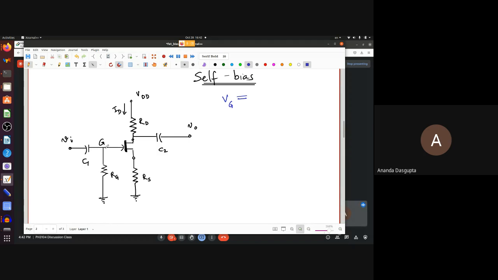The voltage difference between this point and this point. Come on. The voltage difference between 2 points which are separated by resistance. Class 8, I guess, or 7, I don't even remember when we first learned Ohm's law.